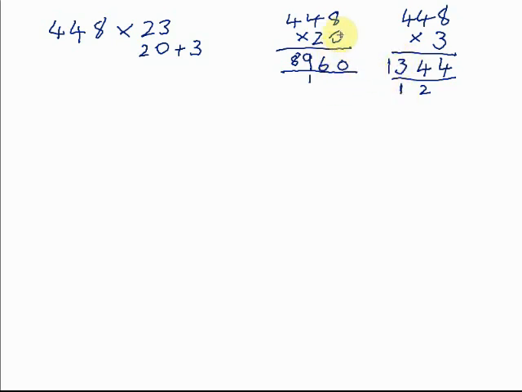Because 20 plus 3 is 23, we're multiplying 20 lots of 448 and 3 lots of 448, and adding them together will give us the number that we want. So all we have to do is write 8960 and then just do the sum as we did before, plus 1,344.